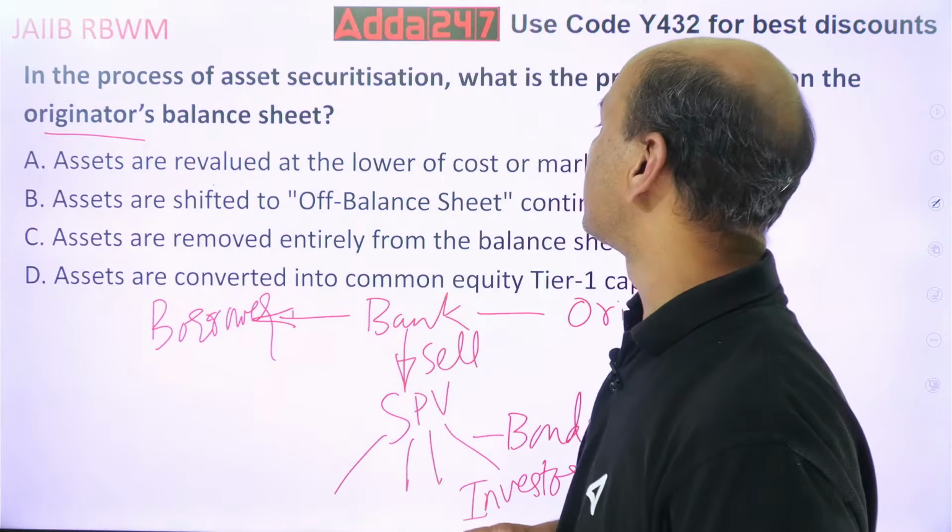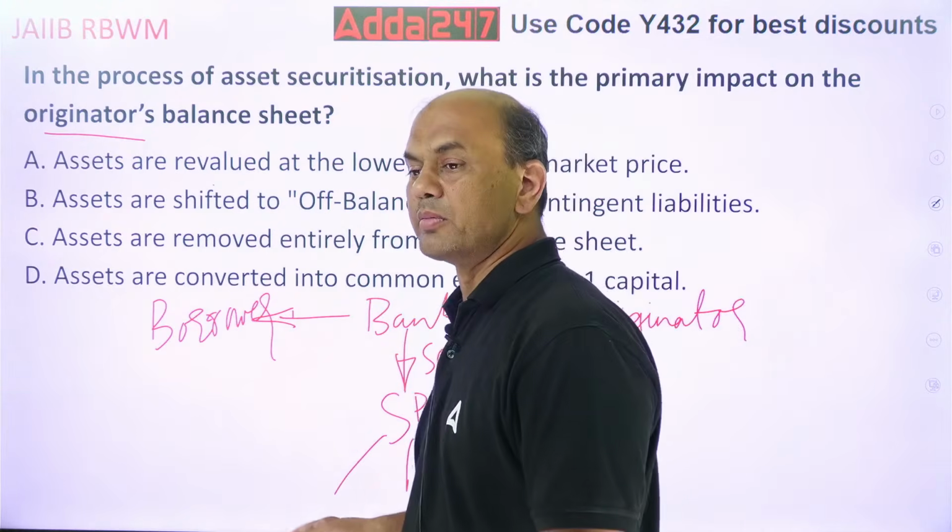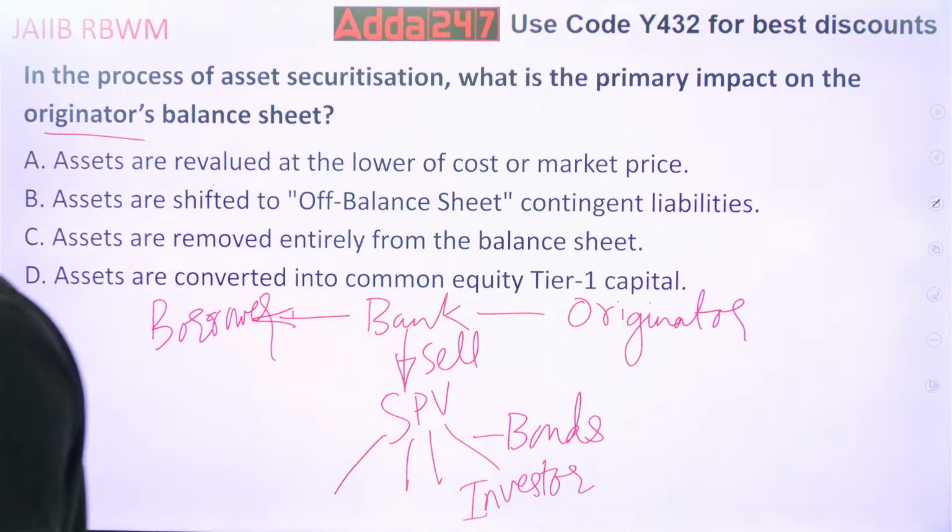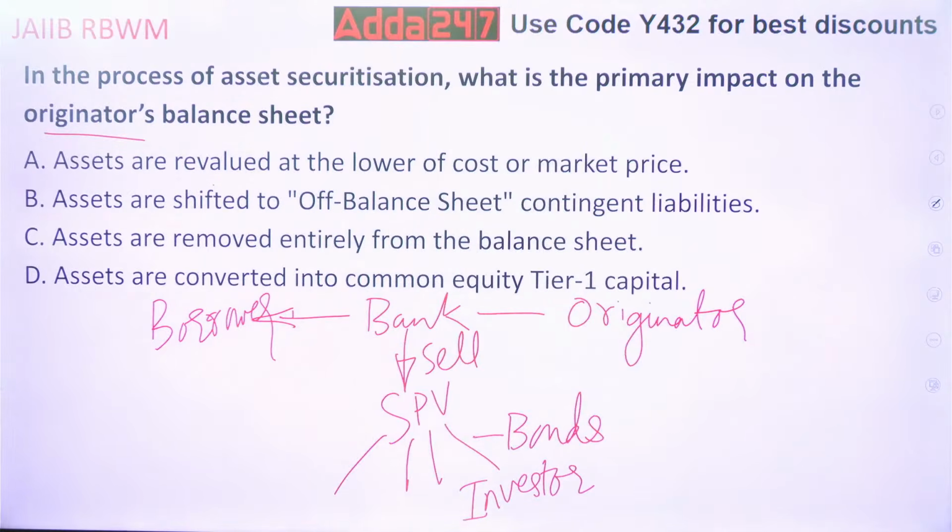Assets are revalued at a lower of the cost or market value. Assets are shifted to off-balance sheet contingent liabilities. Assets are removed entirely from the balance sheet. Assets are converted in common equity tier 1.